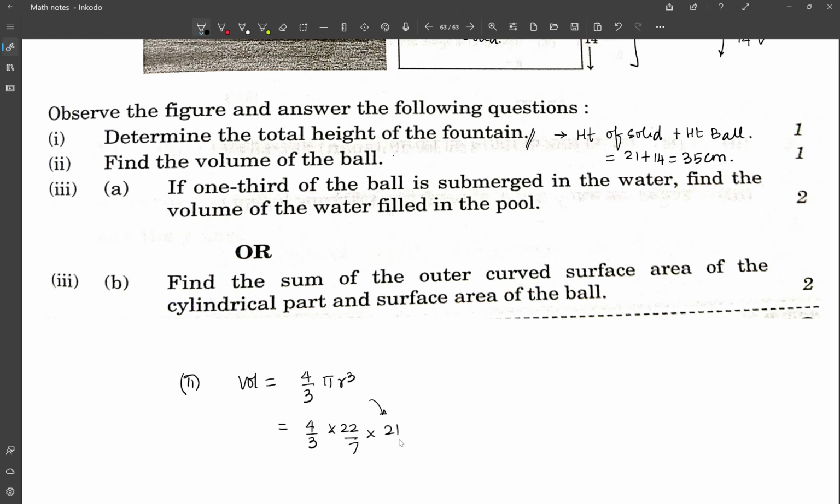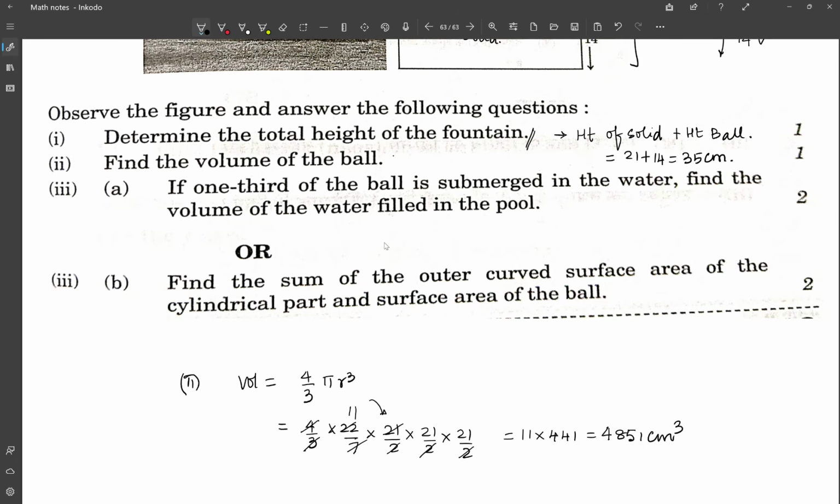Radius is 21 by 2, 21 by 2, and 21 by 2. So 3 and 21, 7, they get cancelled. 2 and 2 gets cancelled with 4. And there is this 2 and 22, it is 11. So 11 into 441. So the answer would be 4851 centimeter cube.